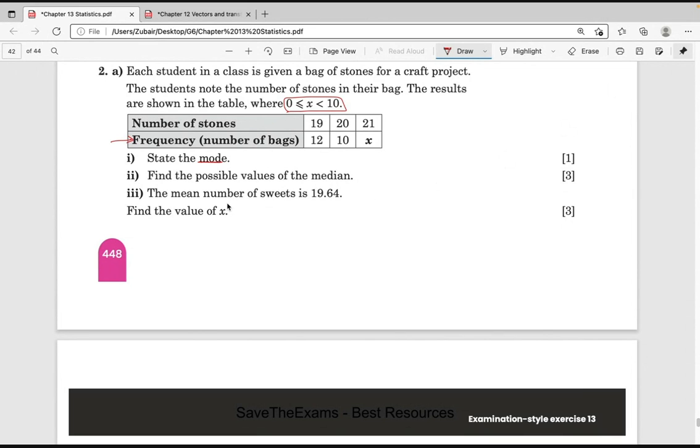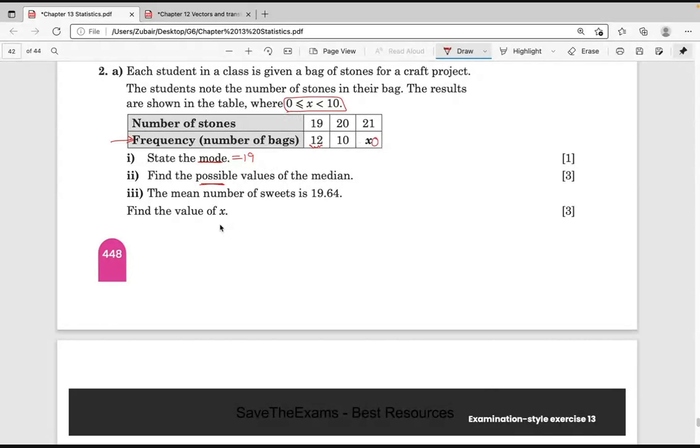The highest frequency is 19. So the mode is 19. Find the possible values of the median. Possible values of the median means we are going to take different values of x. So let us consider 0 first.